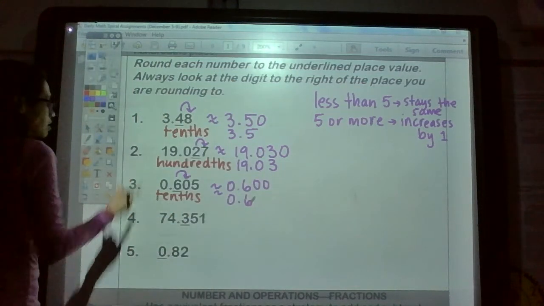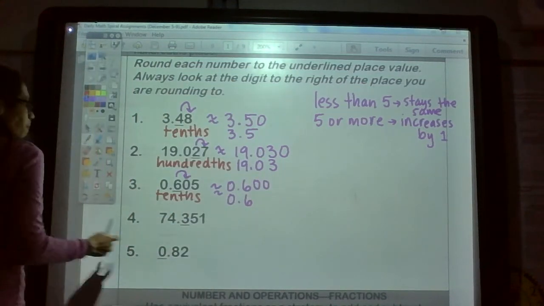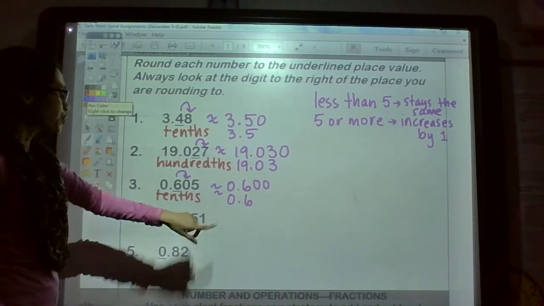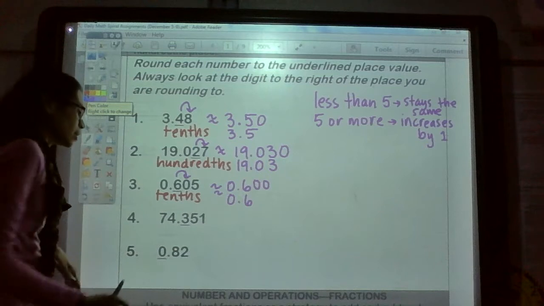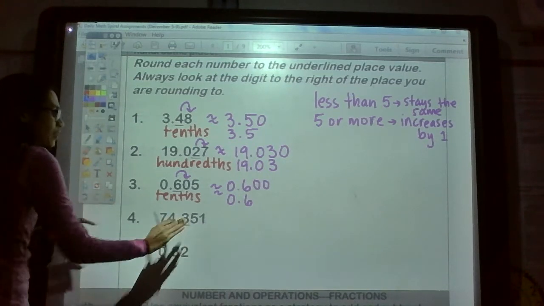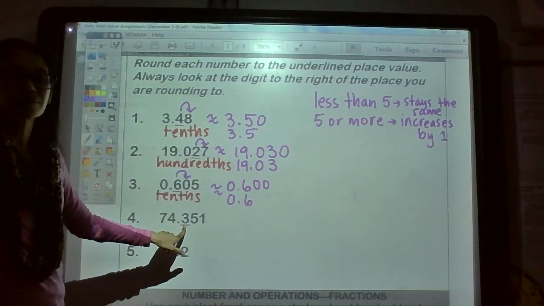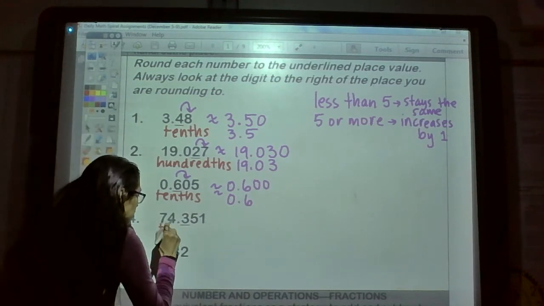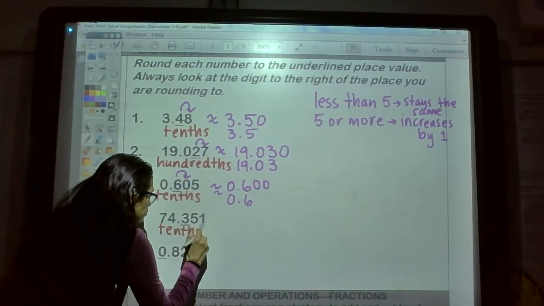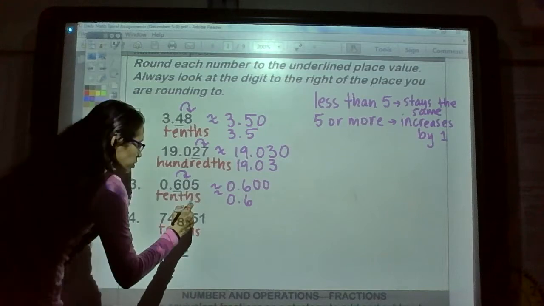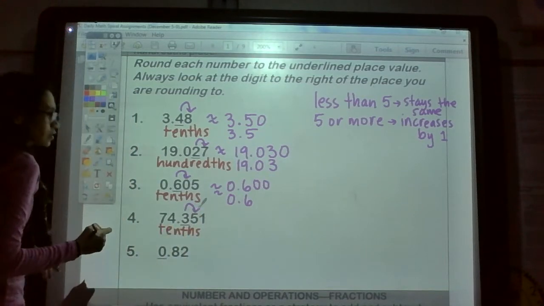All right, moving on to number 4. Read that number with me. It's 74 and 351 thousandths. We are rounding that 3. And what's the place value of that? That is also in the tenths place. Remember, right after the decimal is the tenths place. We look to the right. Hello, who are you? Oh, I'm number 5. Look at the rule.